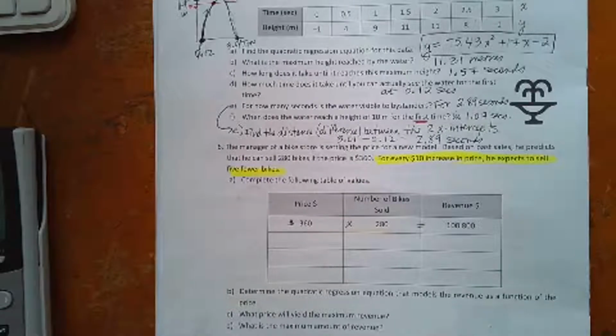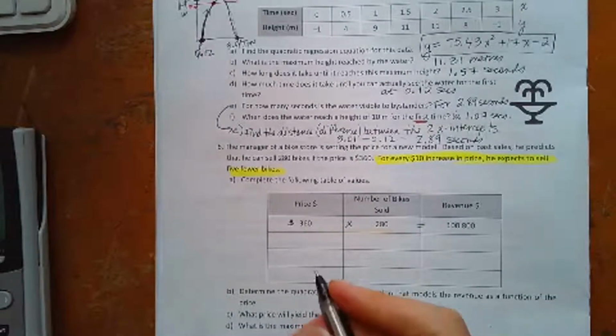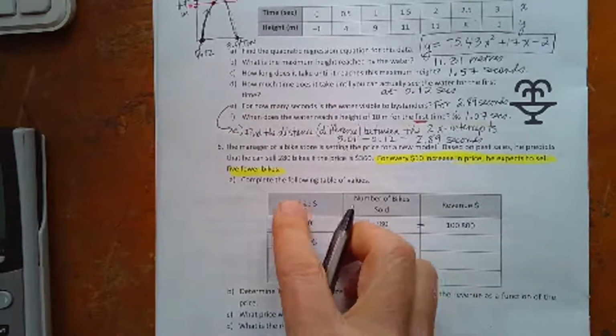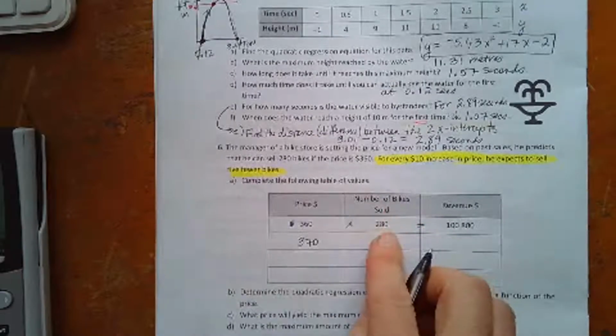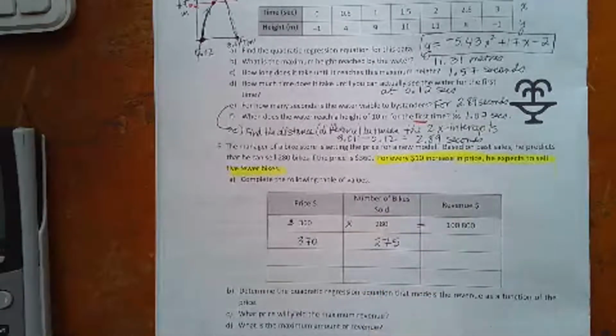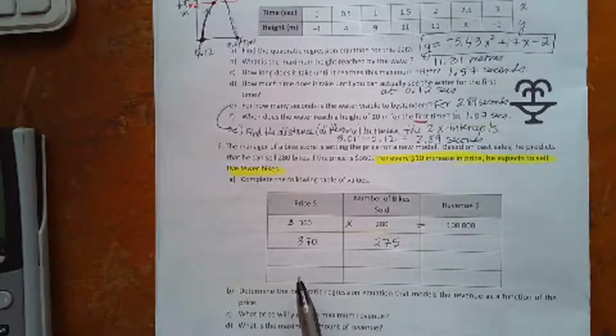For every $10 increase in price, so if I increase this by $10 to $370, I can sell 5 fewer bikes. So I'm not going to sell 280 anymore. I'm going to sell 275. And you might think, well, why would you increase the price if you're going to sell less? Well, with that price increase, though, you might end up making more revenue, right?